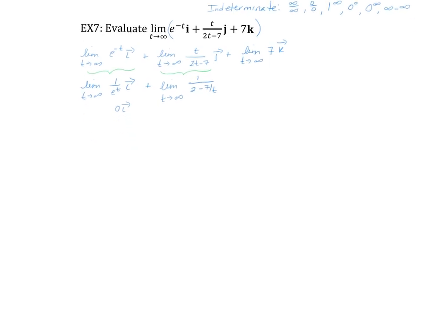Now when I reevaluate that limit as t goes to infinity, the 7 over t is going to go to 0. So it's going to be gone, right? And that will just be 1/2, and I forgot my j.